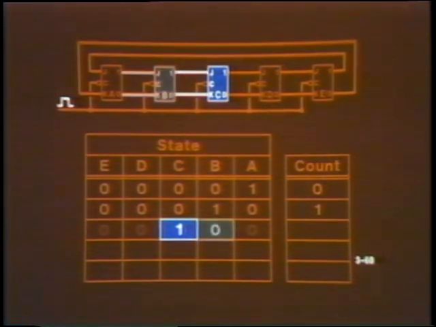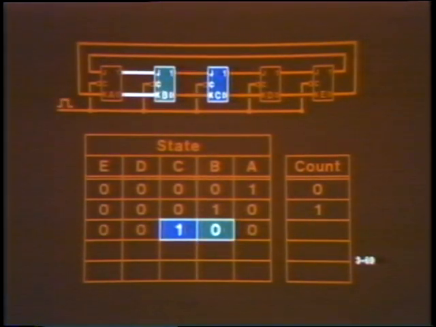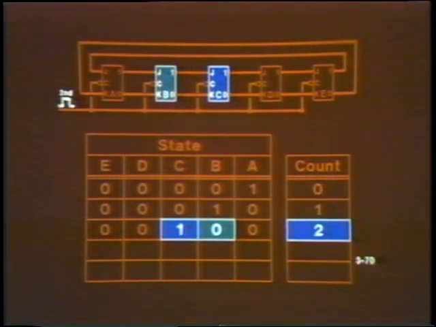But because flip-flop A is now 0, flip-flop B's inputs are J equals 0, K equals 1. So B now resets, while D, E, and A remain 0. After the second clock pulse, C will set, while B will be clear. The count is now 2.